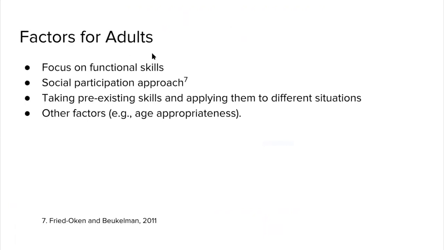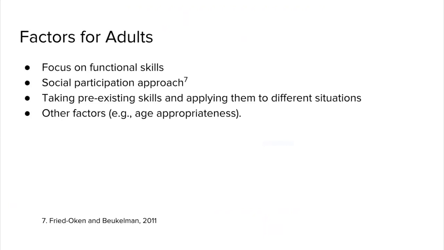So factors for adults when you're putting an AAC device into play, you want to focus on functional skills. Remember, we're out of school at this point. It's not supposed to be an academic approach. You want to focus on the skills that are going to help this person access their environment in the most functional way possible: vocational, day-to-day ADLs, and social.